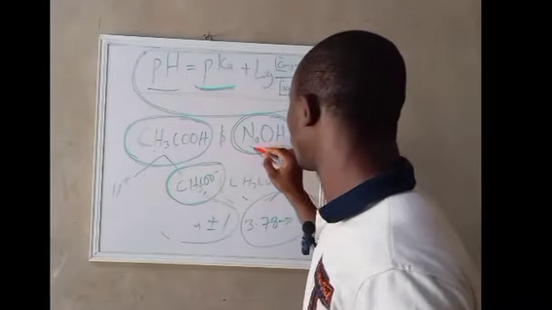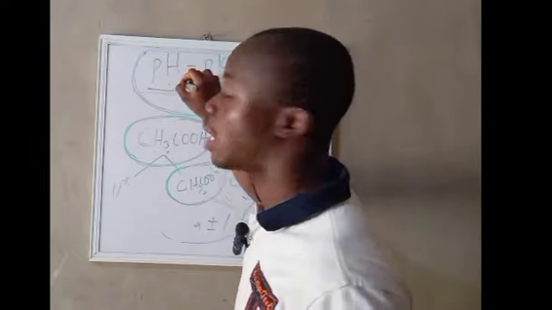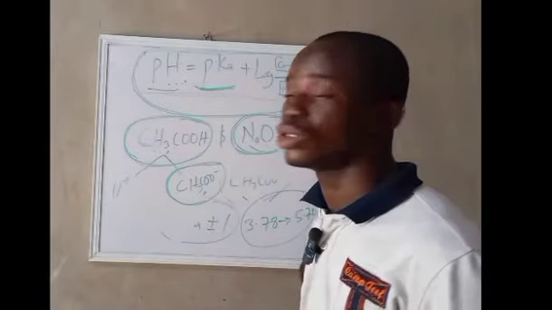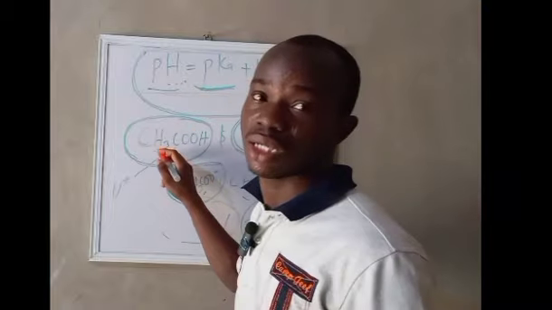But anytime the amount of NaOH you are adding is less than this, then you can still apply this formula to get the pH for that particular weak acid system.